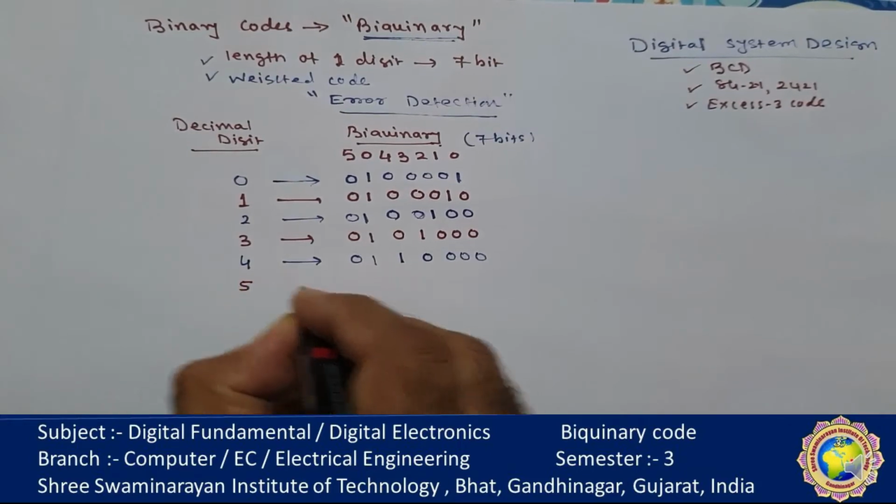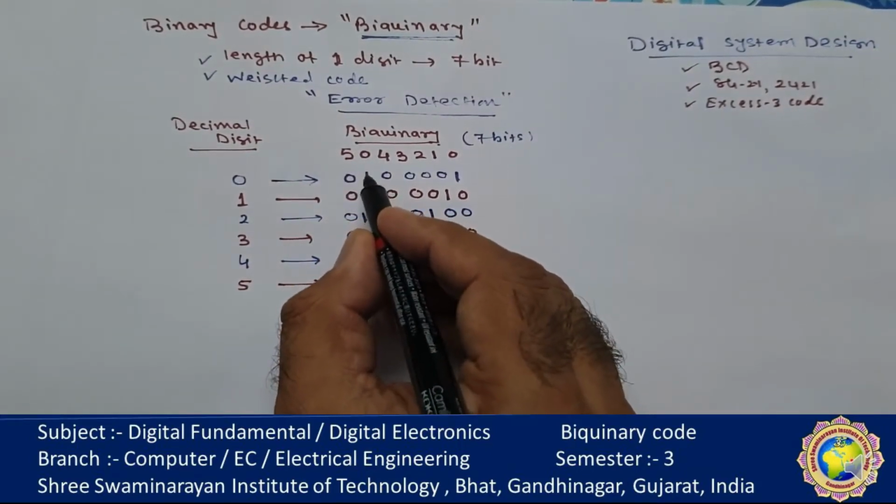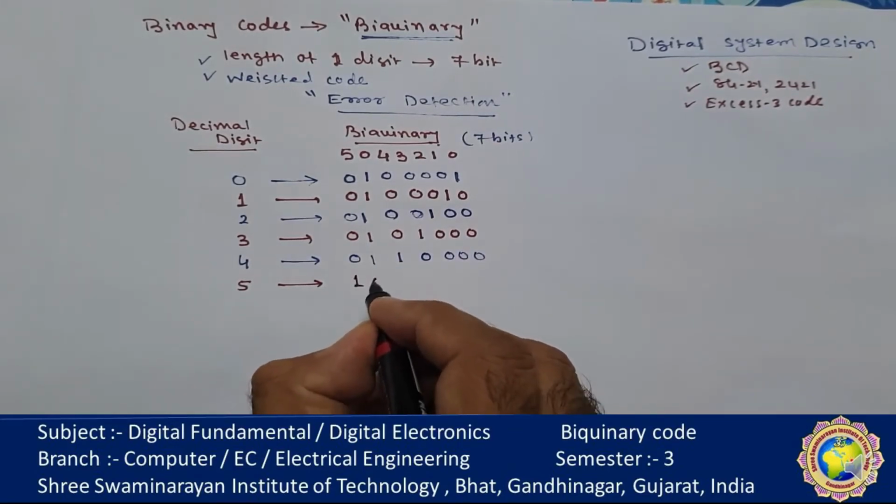For 5, the pattern changes. For 0 to 4, the first two bits are 0 1. Now it will become 1 0.